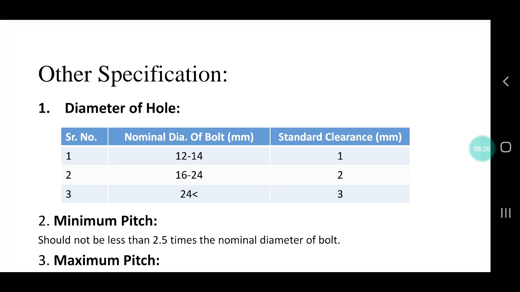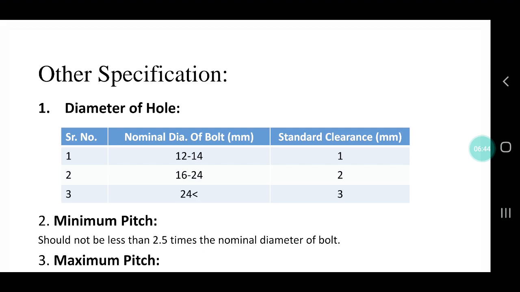If the diameter of a bolt is from 12 mm to 14 mm, the hole diameter should be greater by 1 mm. So if the diameter of a bolt is 14 mm, the diameter of hole will be 15 mm.